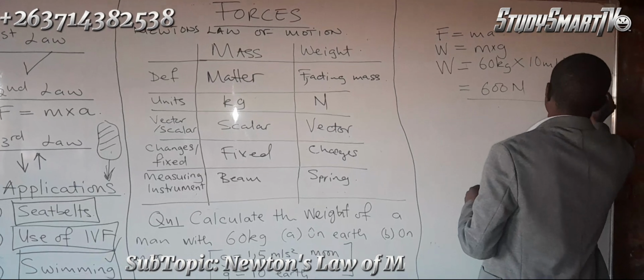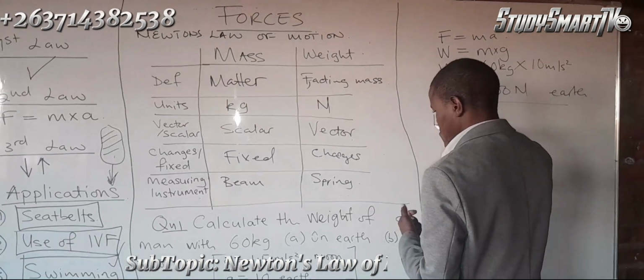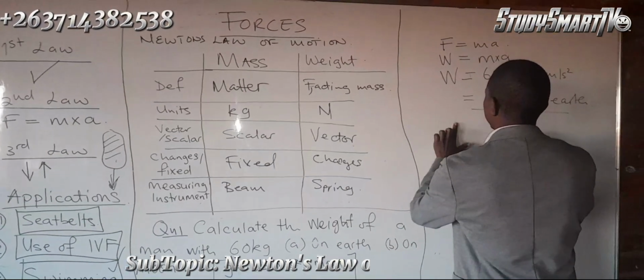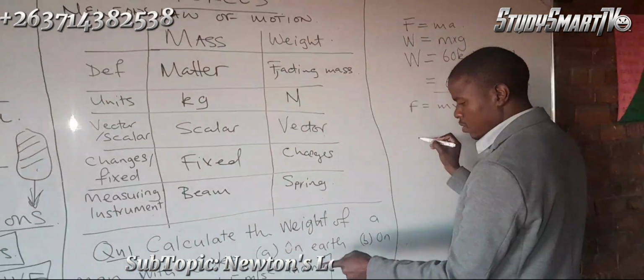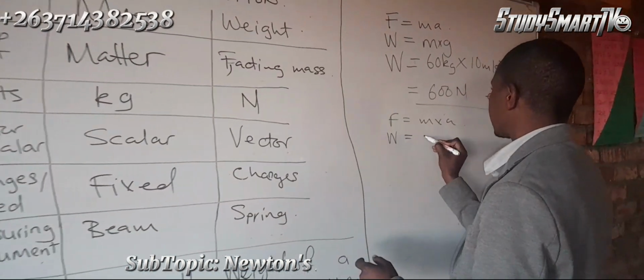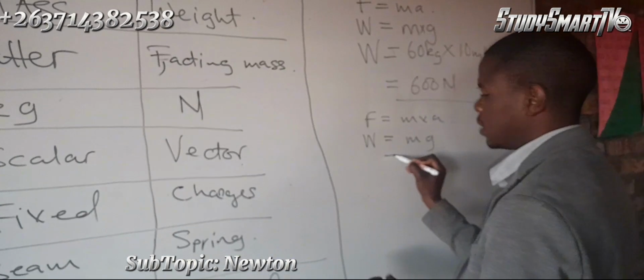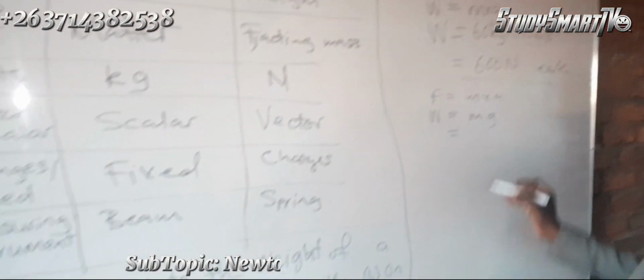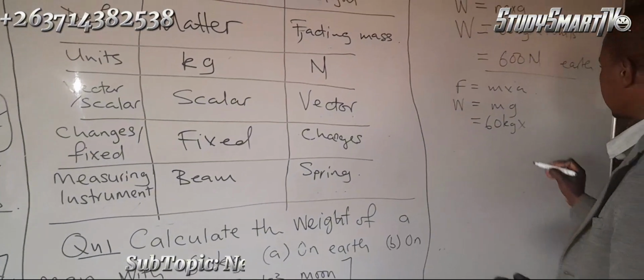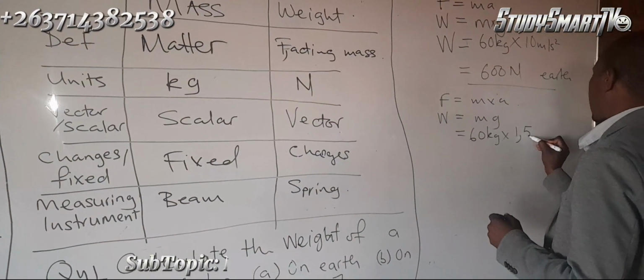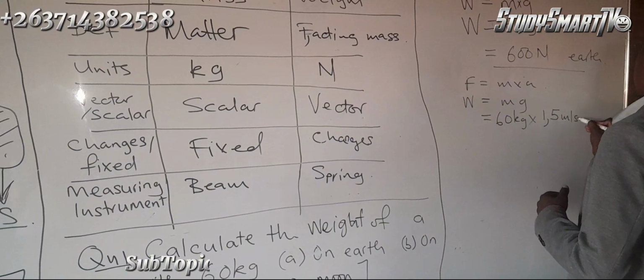Then we go on to the moon. On the moon, we say force is equal to mass times acceleration. Our force is represented by weight, which is mass times gravity. We have our mass, the same 60 kg, times our acceleration, which is 1.5 meters per second squared.